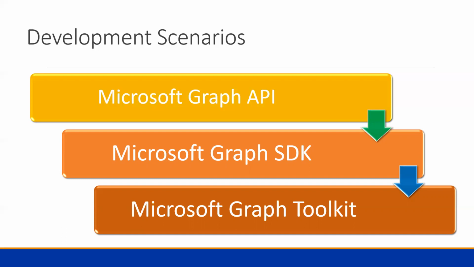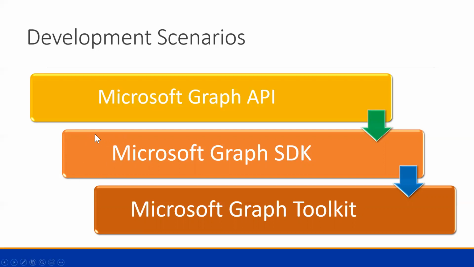It is implemented with Fluent UI. So in short, you will not only get the data, but also the UI of the Microsoft 365 experience, which helps the developer to a large extent.